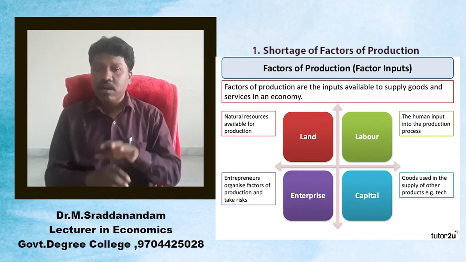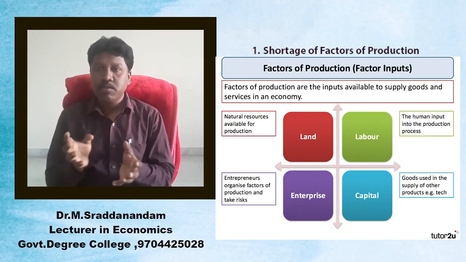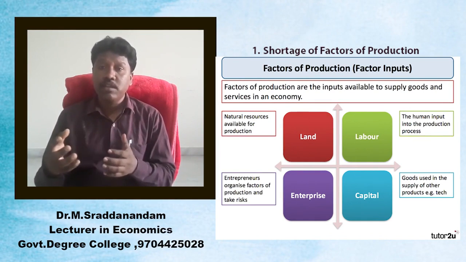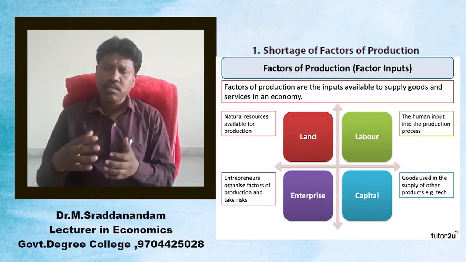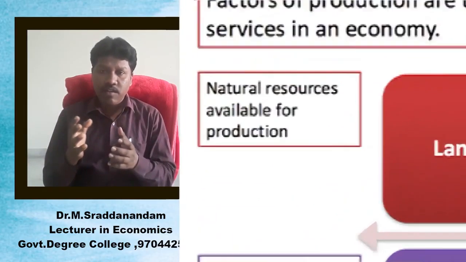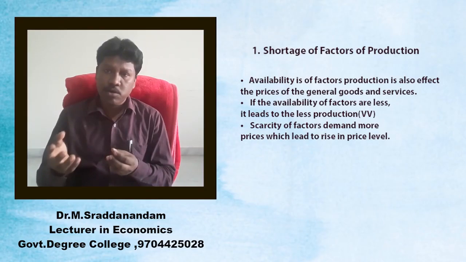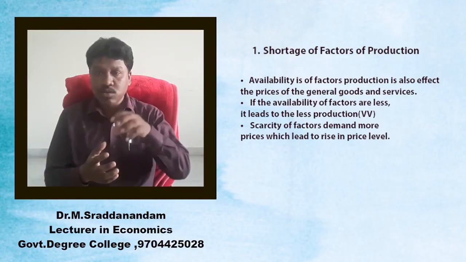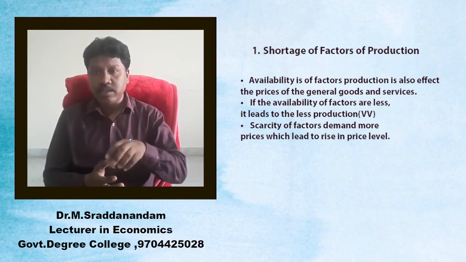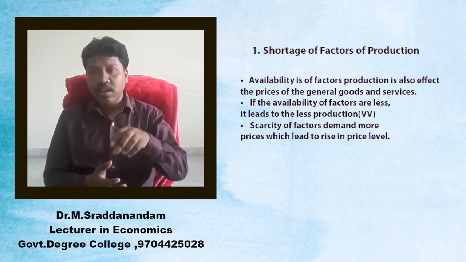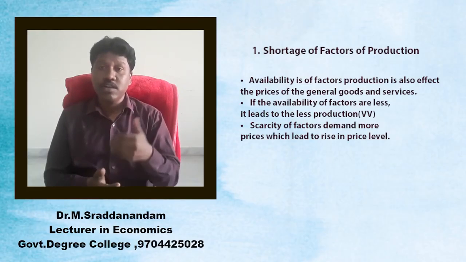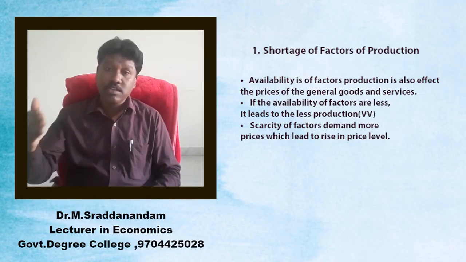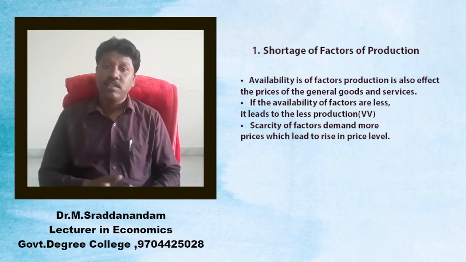So if the availability of these factors of production is abundant, that may not lead to an increase in the price level. And also, one more side: availability of fewer factors of production causes less production, and it also raises the demand for these scarce factors, which means higher prices, which causes an increase in the cost of production, and finally causes an increase in the general price level in the economy.